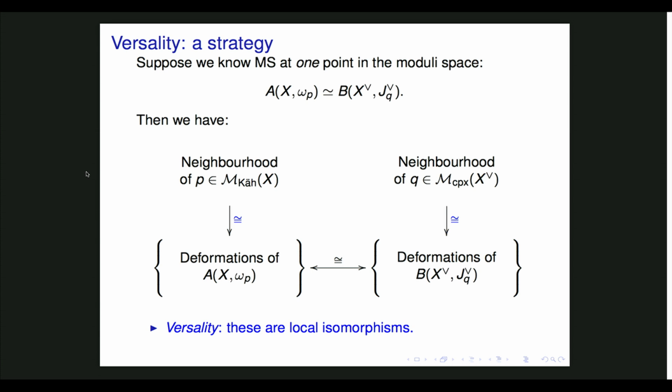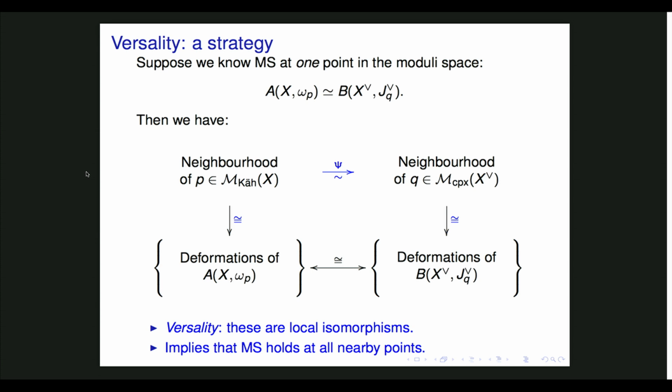So that means that every formal algebraic deformation of our structure comes from a deformation of the underlying geometric structure. All deformations are geometric. And this implies, in this situation, that mirror symmetry holds at all the nearby points.